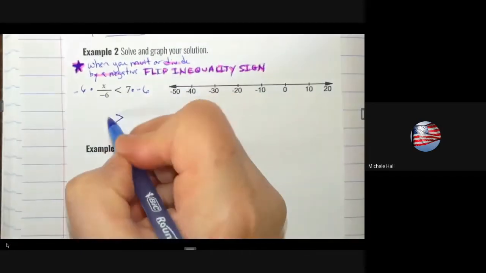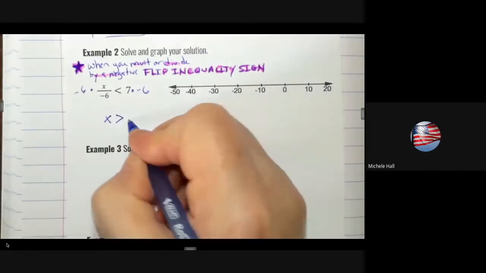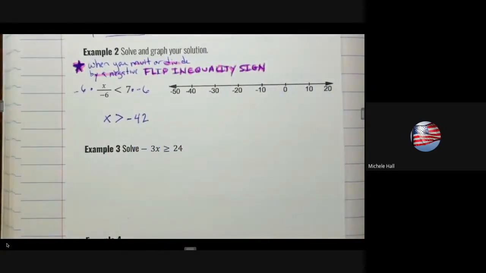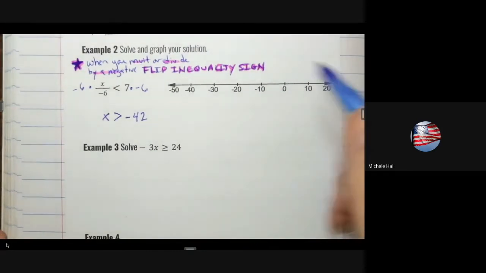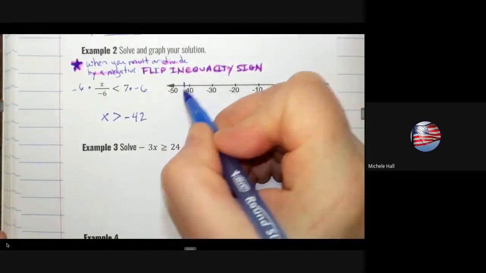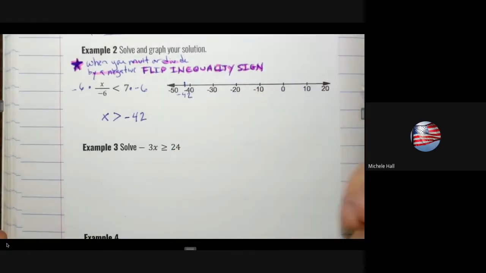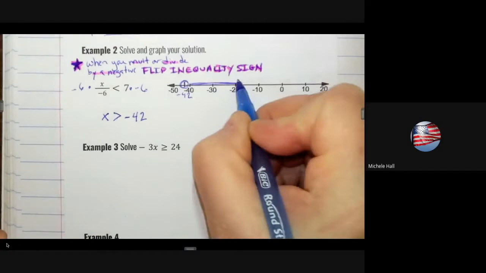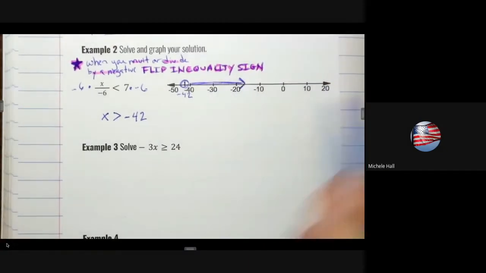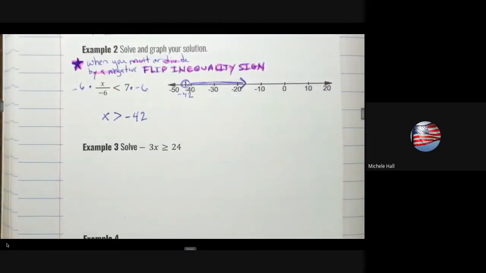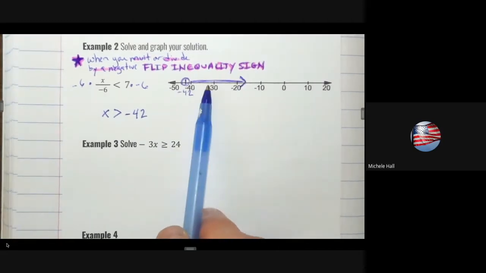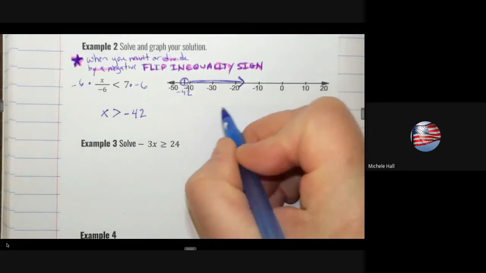So we have X is greater than -42. -42, open circle, and greater than. That means that this inequality has multiple solutions. As long as I pick something greater than -42, my check will work out.